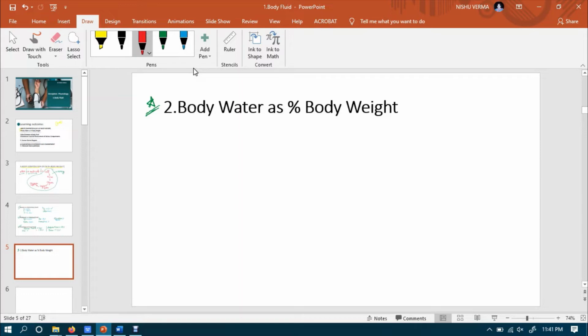How much water does the body comprise? We consider total body weight. If we know the body weight of the organism, we can calculate the total body water. It is equal to 60% of the body weight of the organism, and it is composed of two things.